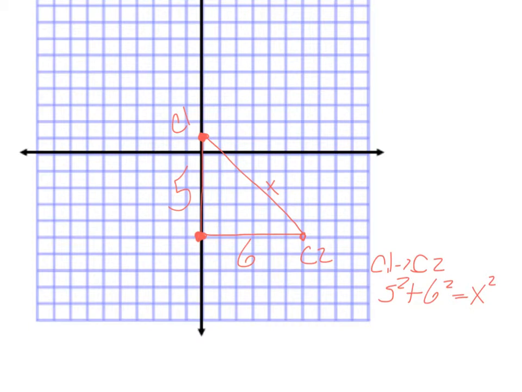We're pretty good at the Pythagorean theorem now, so for the sake of space, I'm going to shrink things up a little bit. So the 5 squared is 25, and the 6 squared is 36, and when we add those two together, we get 61. So 61 equals x squared. Square root each side. Square root of 61. And we're getting 7.8 as our x distance there, the length between clue 1 and clue 2.